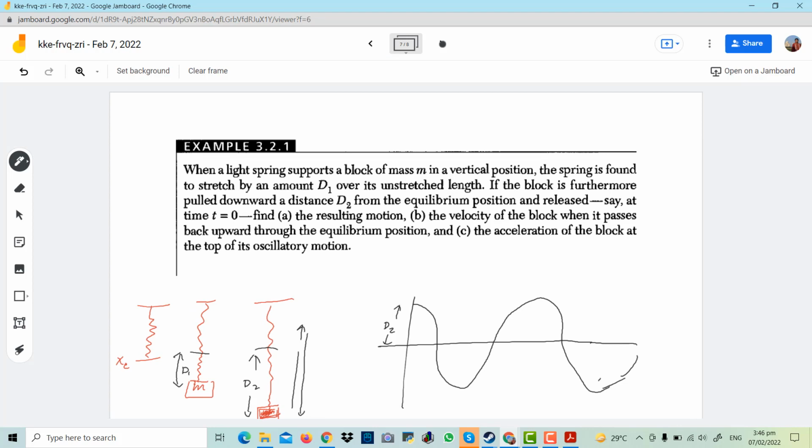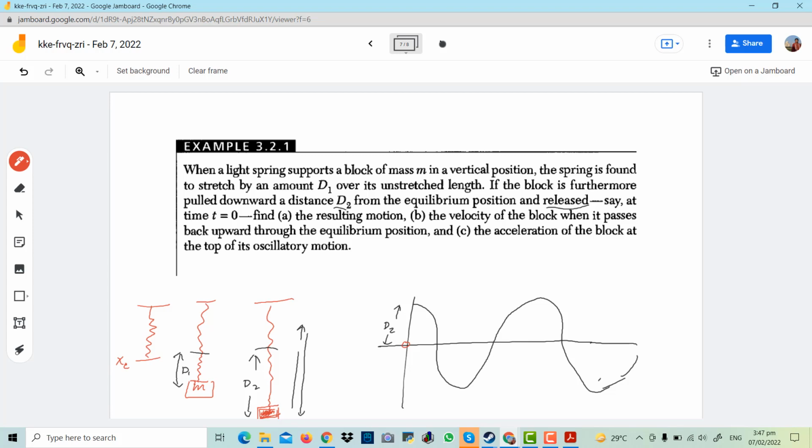You pull downward a distance D2 from the equilibrium position and release. What does that mean? You start at the maximum distance, so your motion starts at its maximum distance D2, and you release it at that time. As you can see from the graph, at time equals 0, your displacement is maximum.